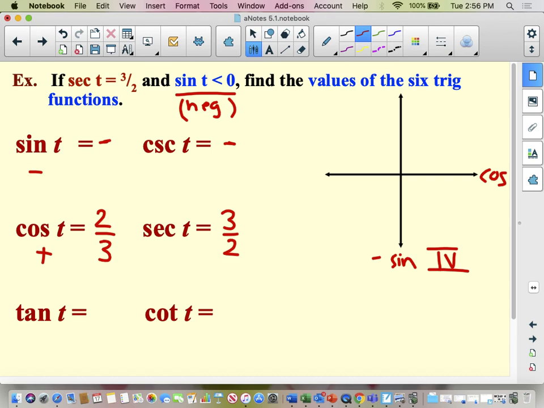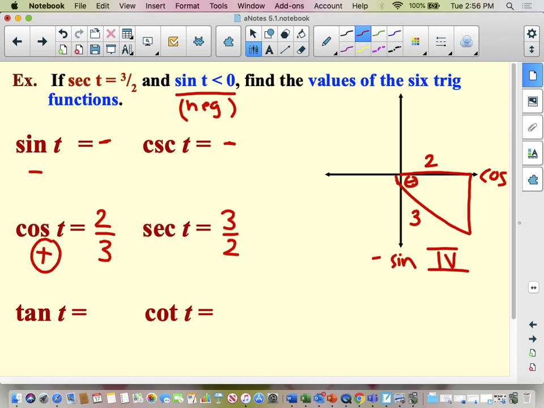So that being said, you could actually just take your skills back to geometry. You could go into the 4th quadrant and draw your right triangle, that's kind of a lousy one there. I'll probably just focus on the cosine over here. Cosine is equal to 2/3. Well, from my origin, cosine is adjacent over hypotenuse.